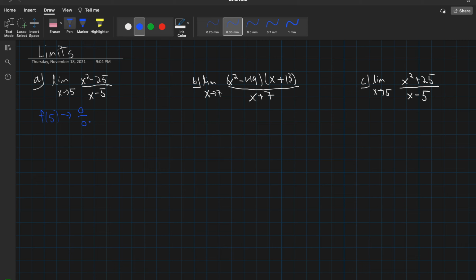Whenever you end up with a 0 in the denominator, or a form like 0 over 0 or infinity over infinity, this should always indicate do more work. It's not enough information to figure out anything from this value.